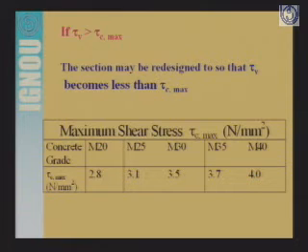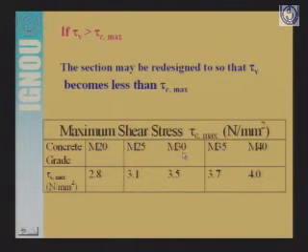Just like here, for some of the grades of concrete, these values are given. For M20, this tau c max is 2.8 Newton per mm square. For M25, it is 3.1 Newton per mm square.